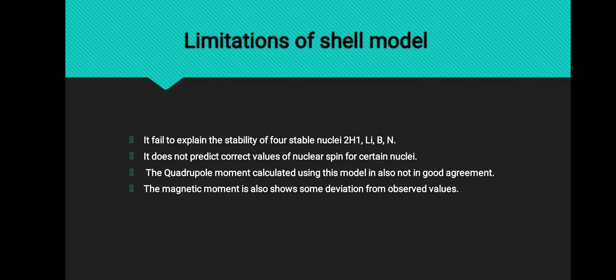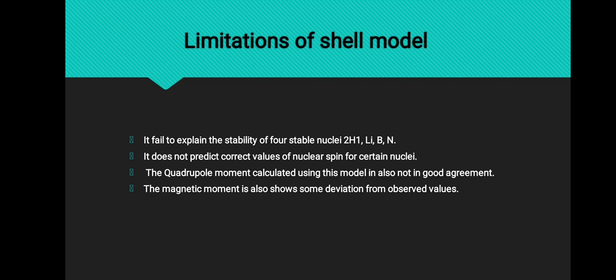Now coming towards the limitations of the shell model. So what are its limitations? It failed to explain the stability of 4 stable nuclei: helium, lithium, boron and nitrogen. Means these 4 elements and their stability cannot be explained by the shell model. It does not predict correct values of nuclear spin for certain nuclei.